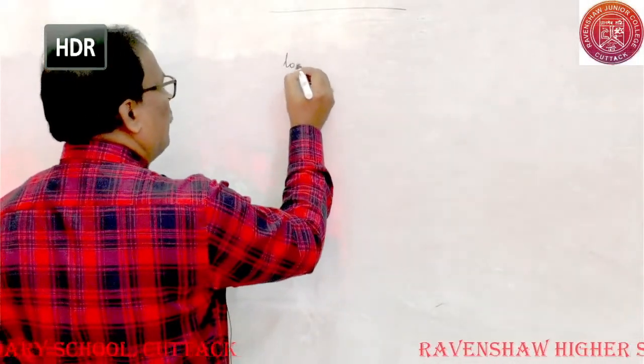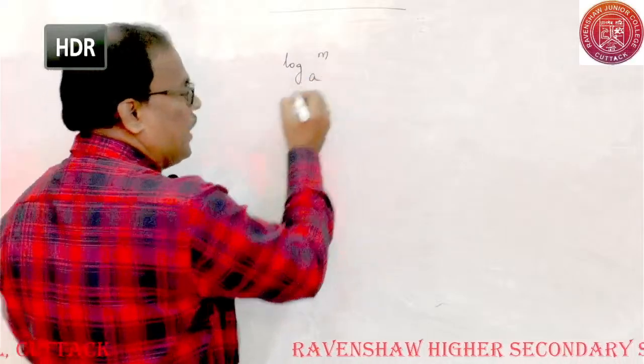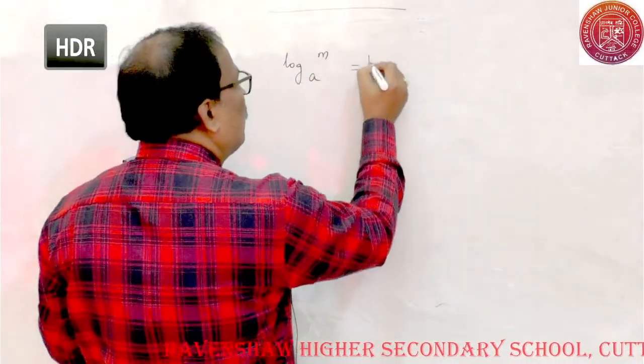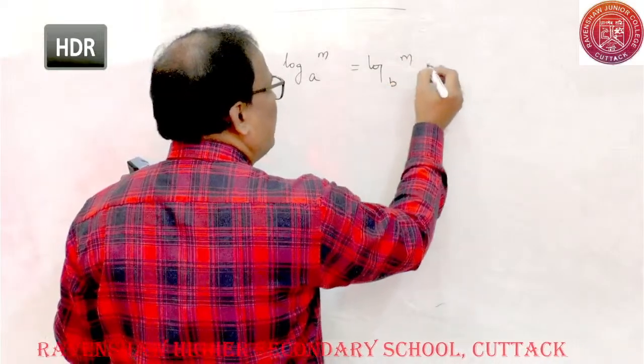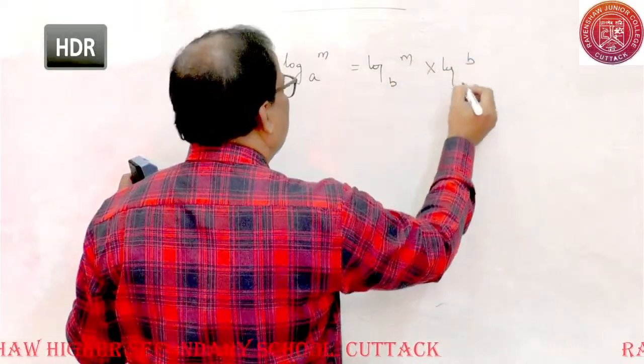log m to the base a is equal to log m to the base b into log b to the base a.